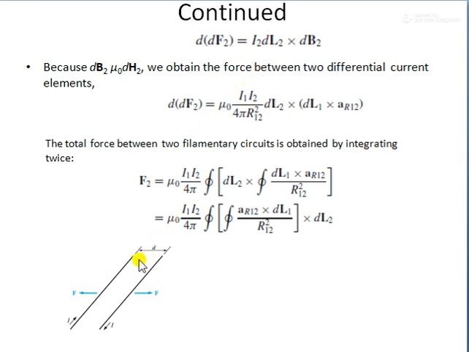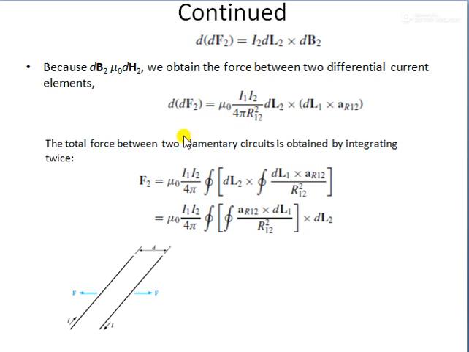You can observe in this figure two differential current elements, with distance between them. If the current directions are different, the flux direction is different, therefore these will repel each other. Because dB2 is nothing but mu naught dH2, we obtain the force between the differential current elements.